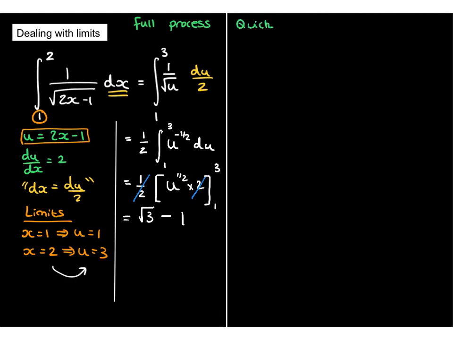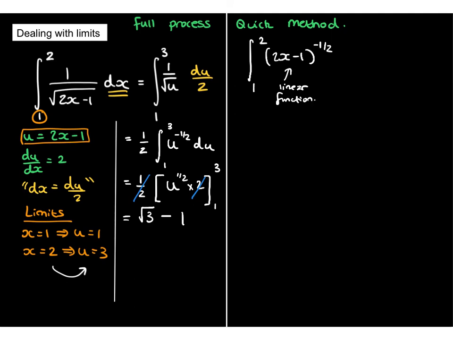Now, if I want to use the quick method here, I can, because look at my integral, it's 2x minus 1 to the negative a half. This is a linear function being integrated, 2x minus 1.